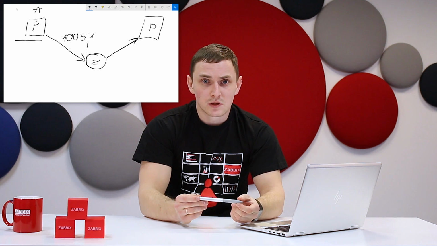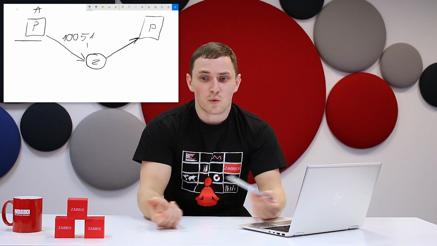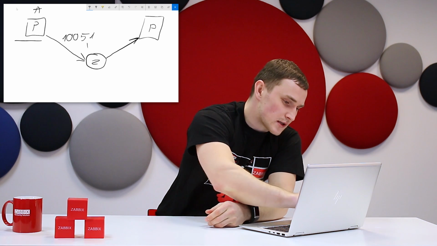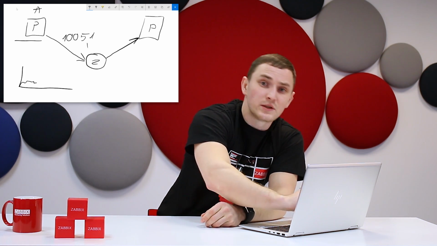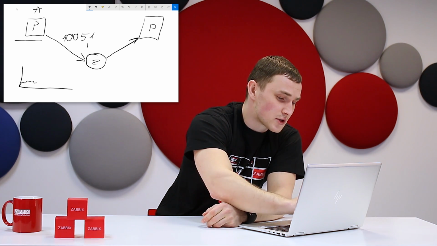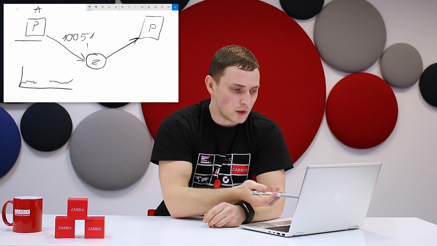So it is possible that you will lose communication between the proxy and the server. What in the end could happen? You would have a graph, some data, then it will be just a gap because we lost the connection, then the data continues. It's ugly. We don't want that.